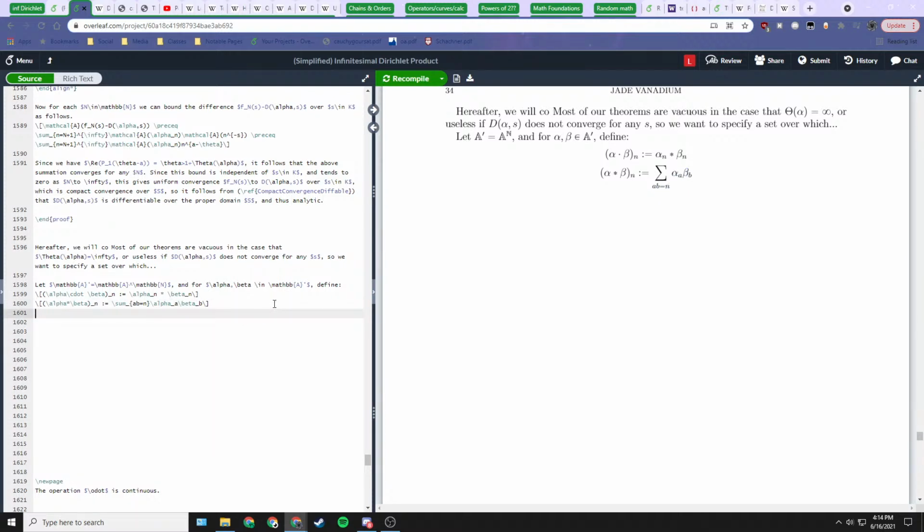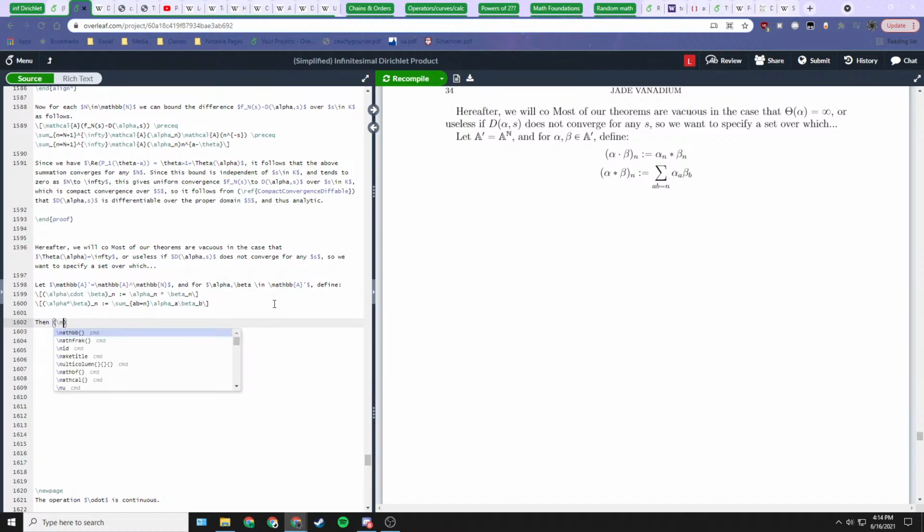As it turns out, if we do this, the triplet, so A prime with plus and this convolution operation, is an integral domain. Actually, we can say it's a topological integral domain.